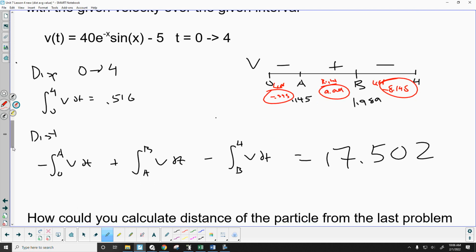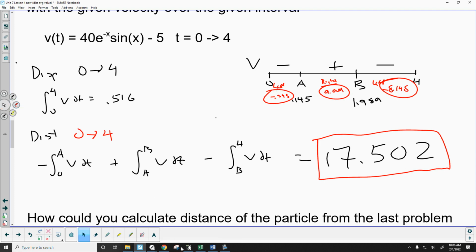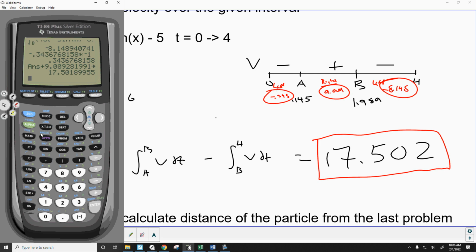Can you get this number 17.502 with just one integral from 0 to 4? Quickly. Go. Wait, you guys know how to type in an absolute value into your calculator? Math, number, ready? Math, pop over to num, you got abs. Num abs.